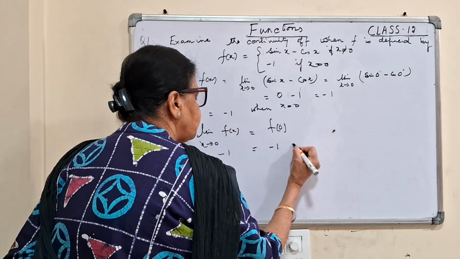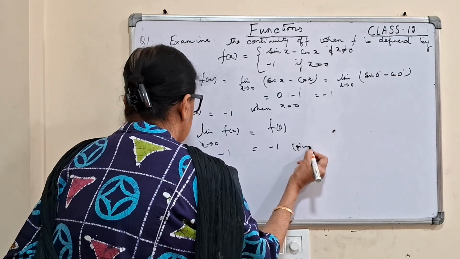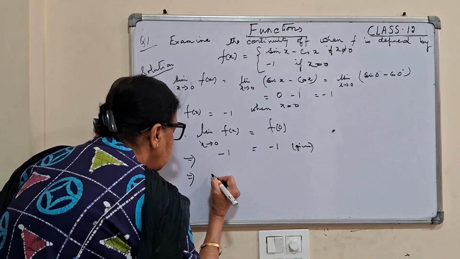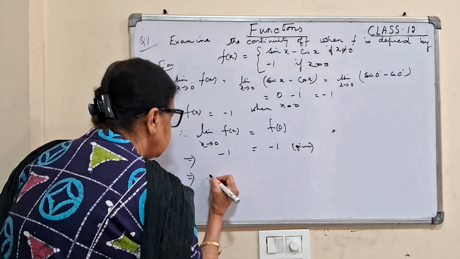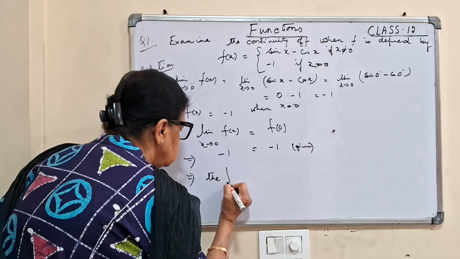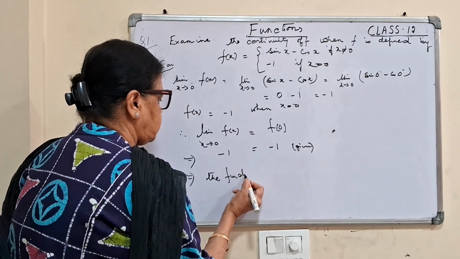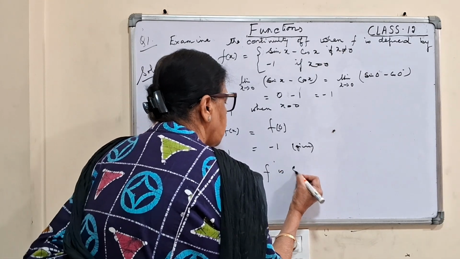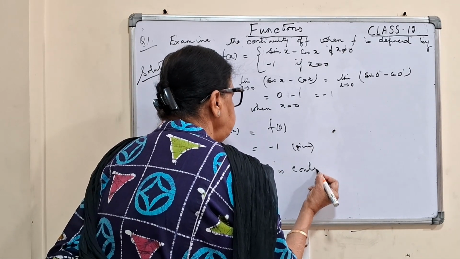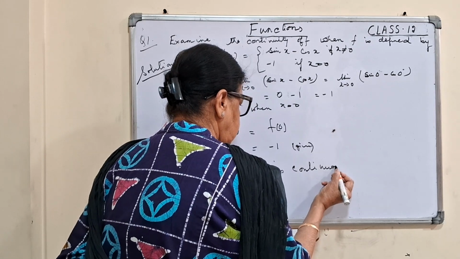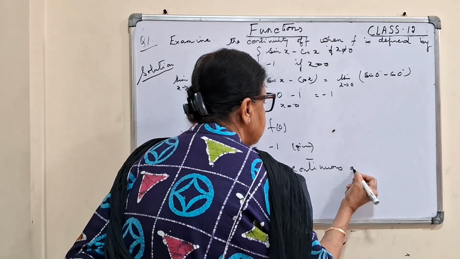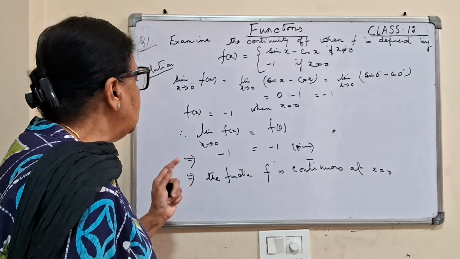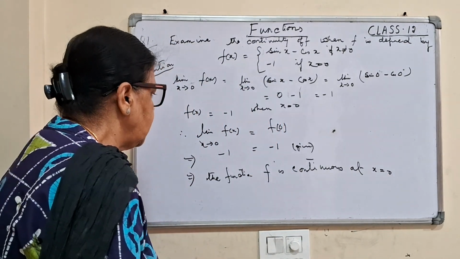This is given. This implies the function f is continuous at x is equal to 0, because the functional value and the limiting value are the same.